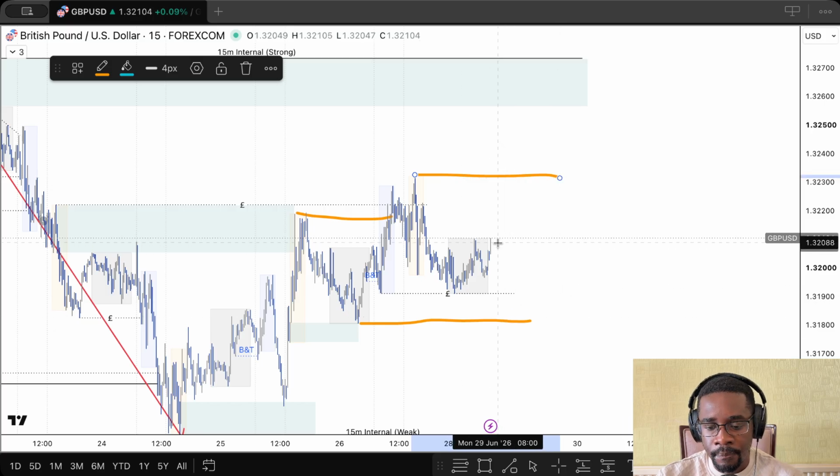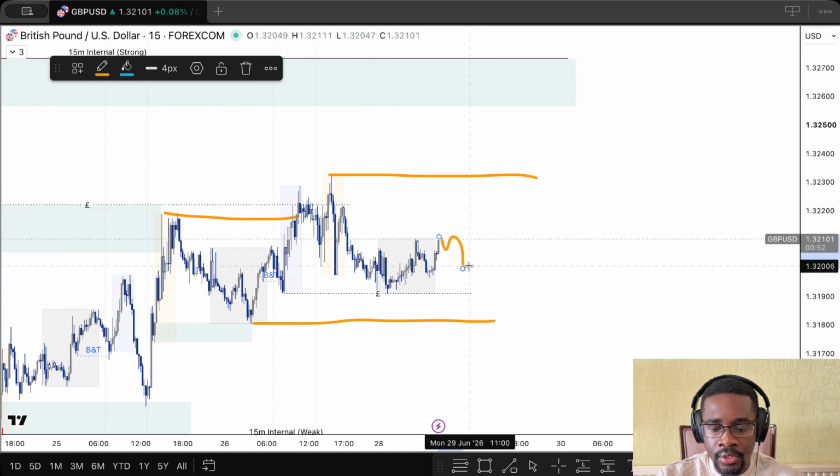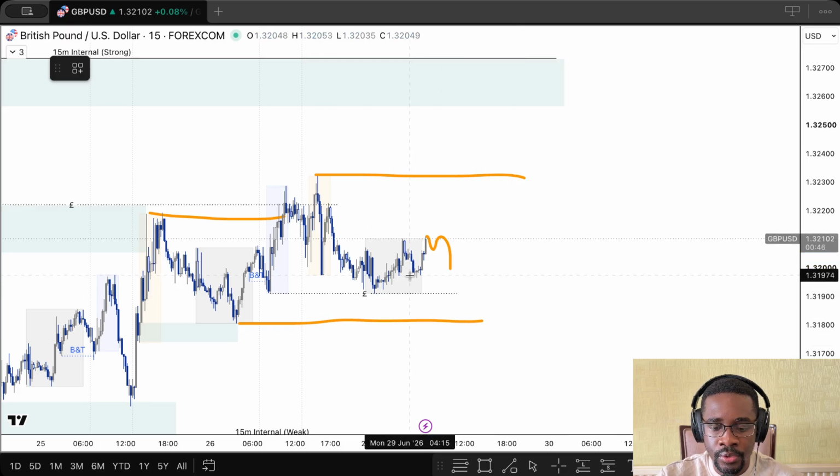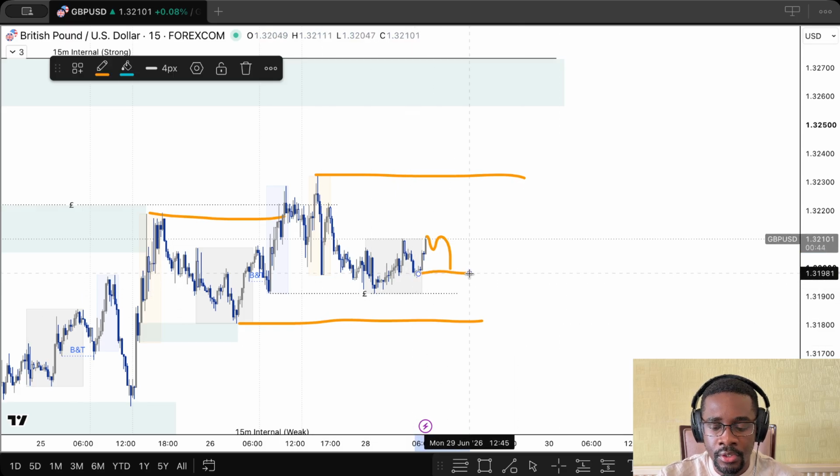Ideally, it would be nice to see price come back into some of these areas, if not, just to sweep these lows before it continues.